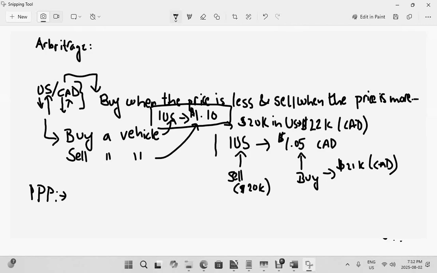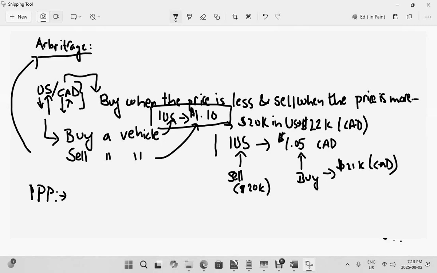So when people buy a vehicle in a country which has been hit by a recession, for example, and sell it in a country which is experiencing GDP growth and economic expansion, they will make a profit out of that venture. And this profit has to do with this concept, arbitrage.